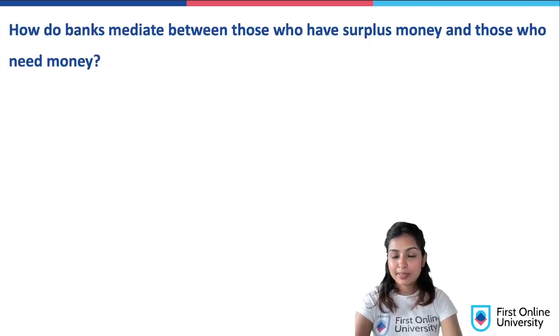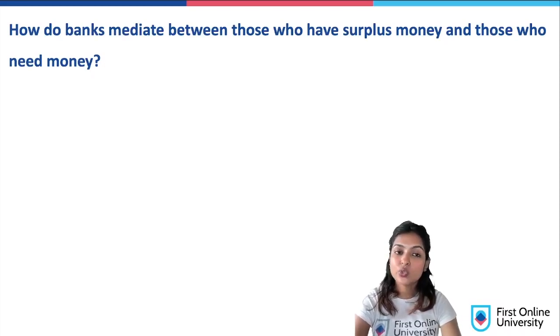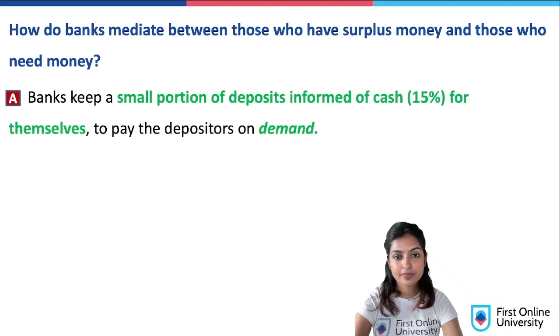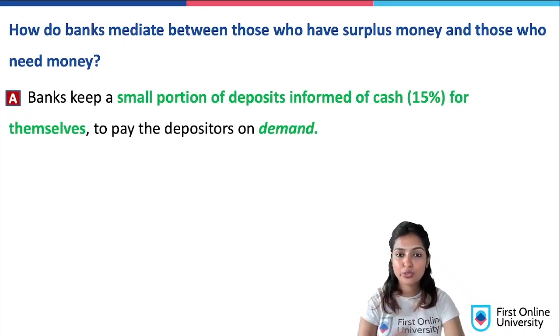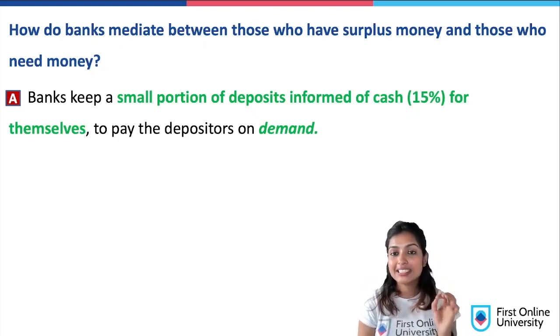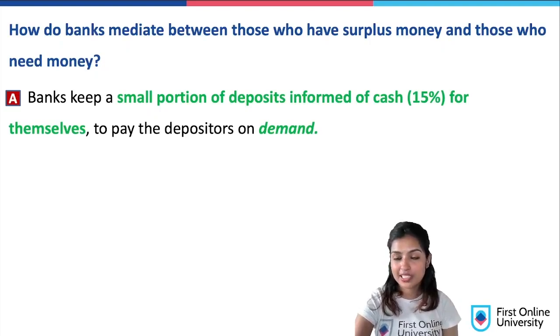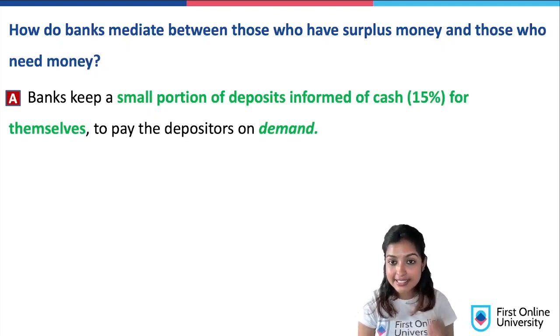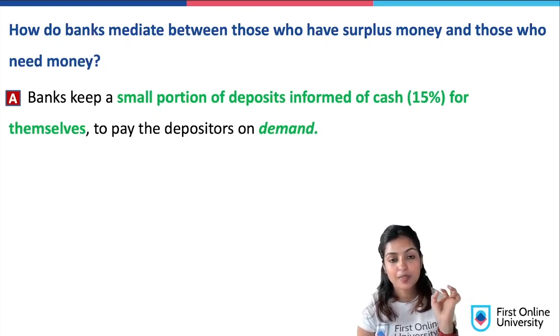How do banks mediate between those who have surplus money and those who need money? So banks keep a small portion of whatever deposits are given by the people as cash, around 15% for themselves, and this minimum balance that should be kept is mentioned by the RBI.